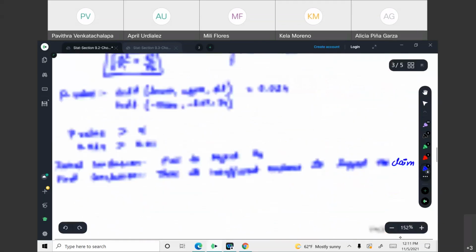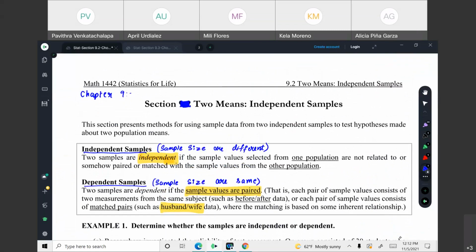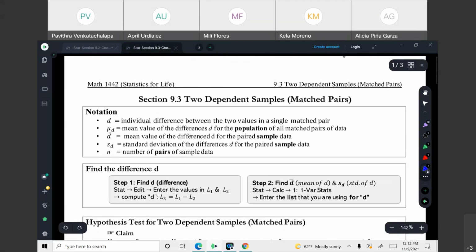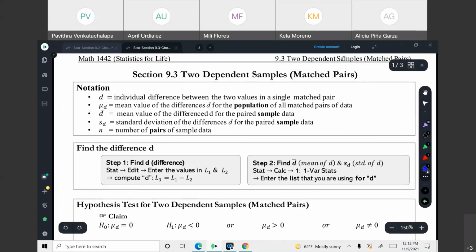Now we will start with another section, 9.3. What you did in section 9.2 was calculating or testing the claim for two independent samples. Now we will be doing the same thing, but this time we will have two dependent samples instead of independent.